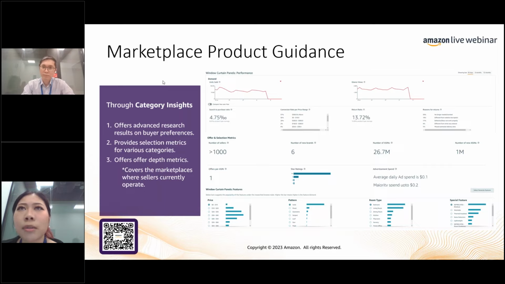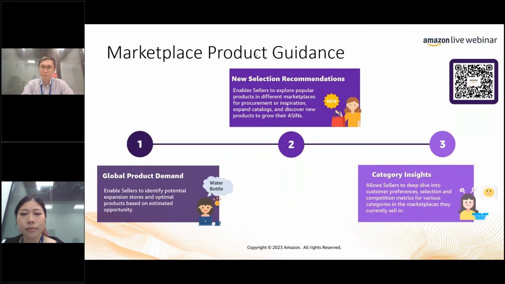There are three key products over there, which would be Global Product Demand. Number two would be New Selection Recommendation, which will be phased out because we have Opportunity Explorer now. Number three will be Category Insights, which is something that I'll talk about later on.